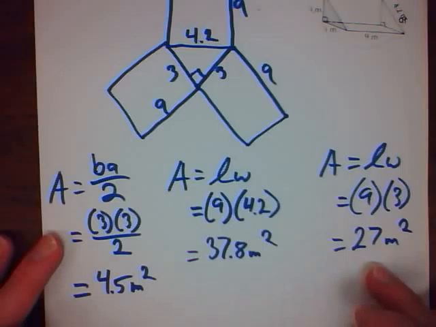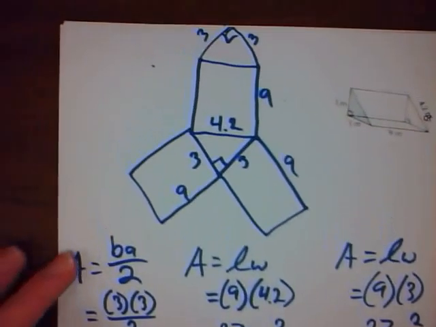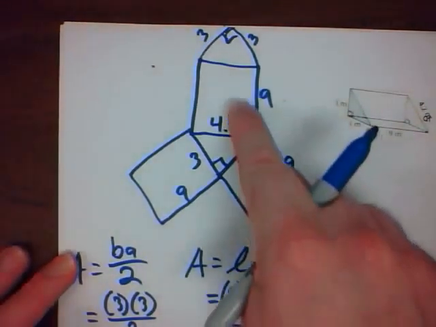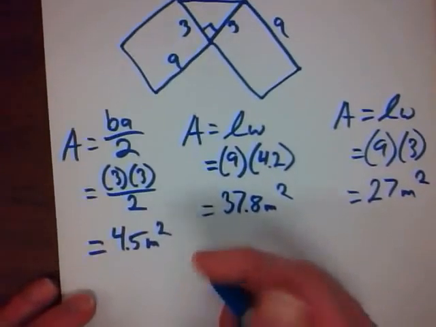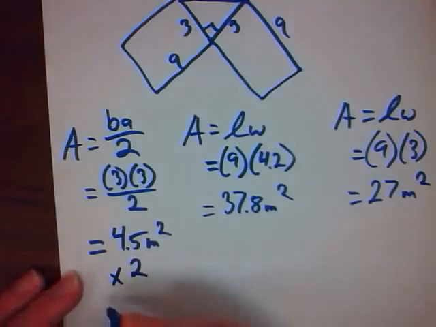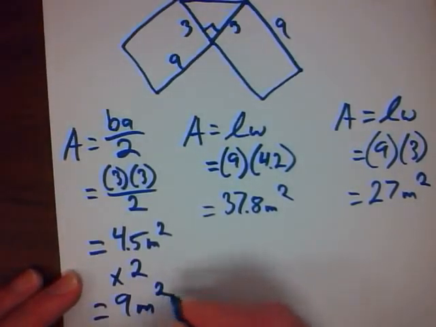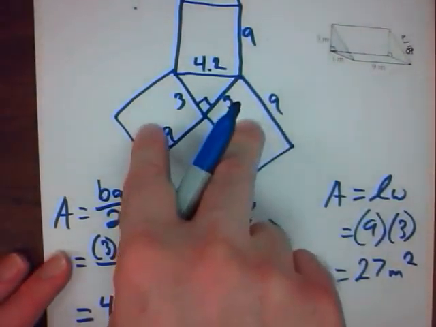Now I just have to add these up. Can you tell my mistake? I almost did something wrong. What did I miss? Go back and look at the net. There's 1 of these, 2 of these triangles. This has to be times by 2. And 2 of these triangles.